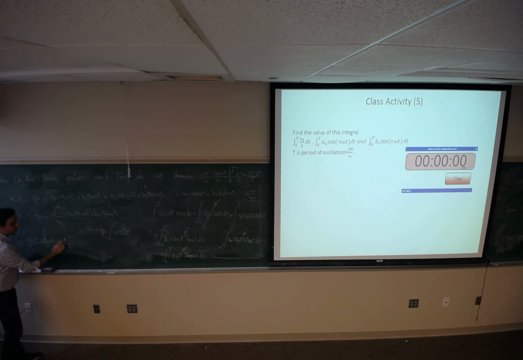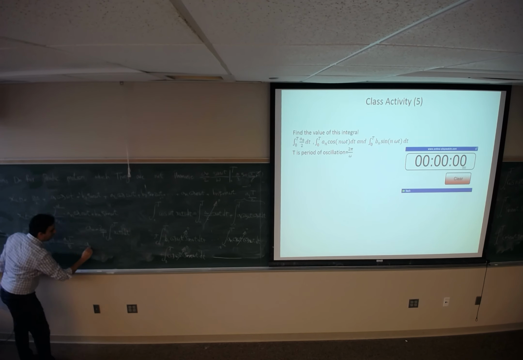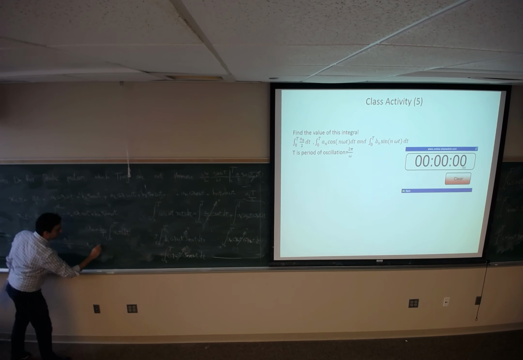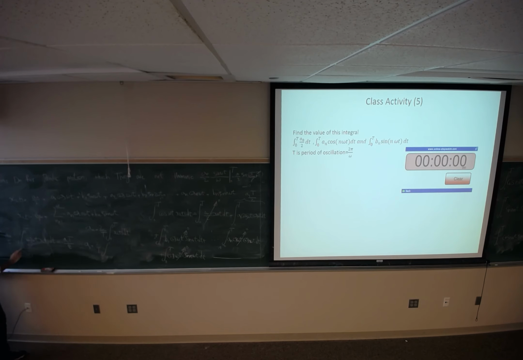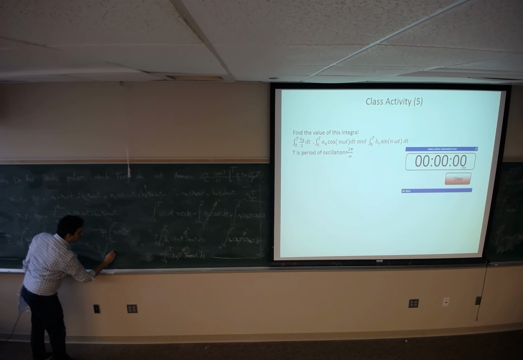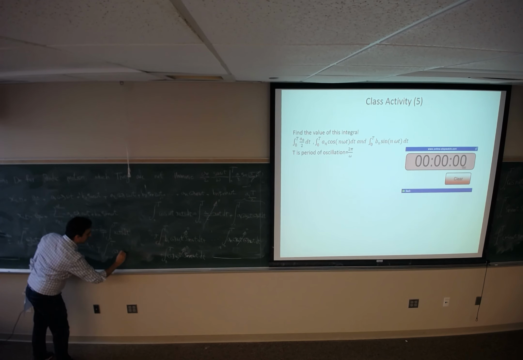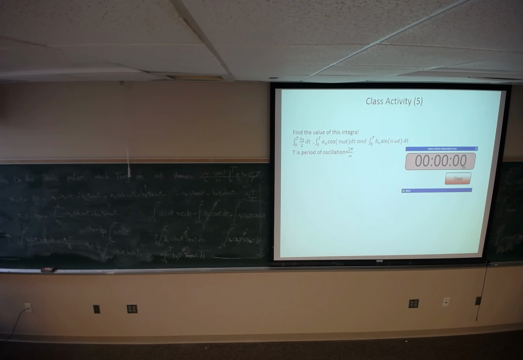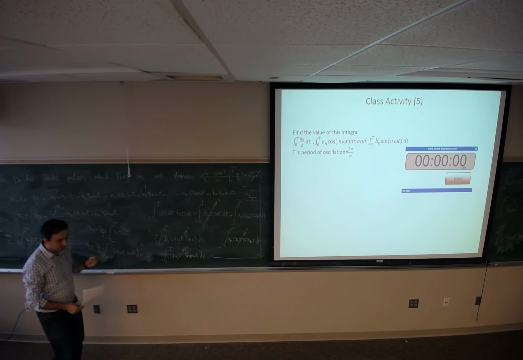I'm looking for a1. a1 would be 2 over T times the integration from 0 to T of cosine of omega t times x of t dt. This is how I can find a1.